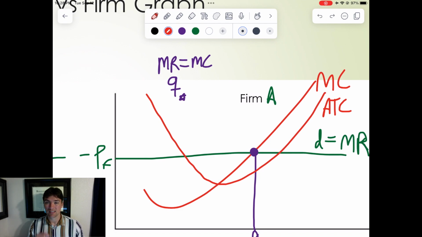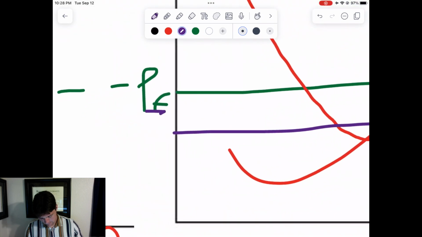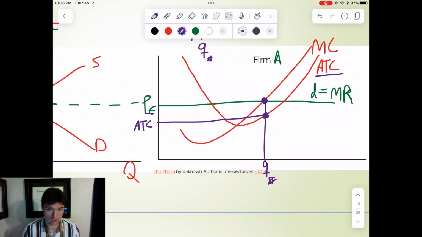Now, how much is our profit? At this quantity, we have our price, and at this quantity, this is our average total cost. So this is our ATC. Just go straight up.